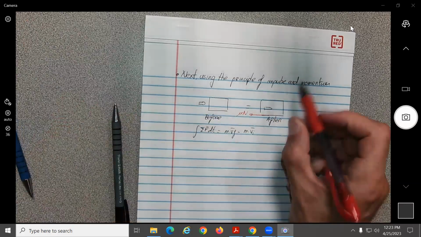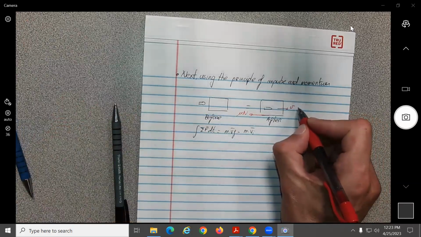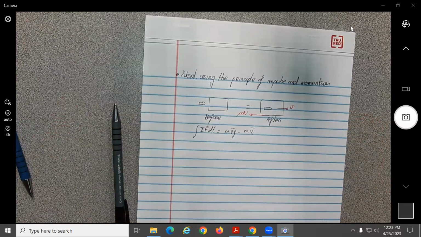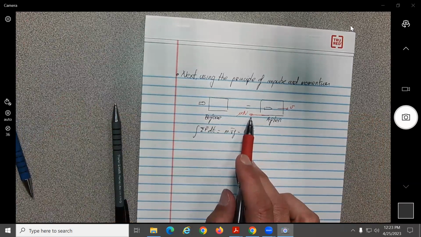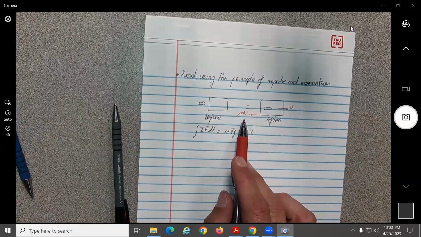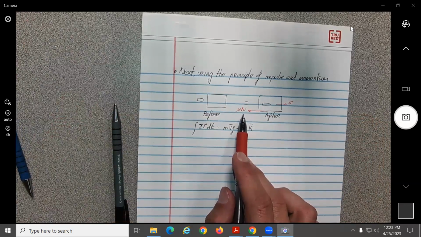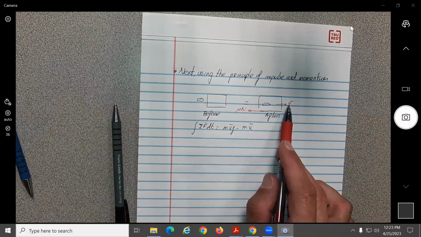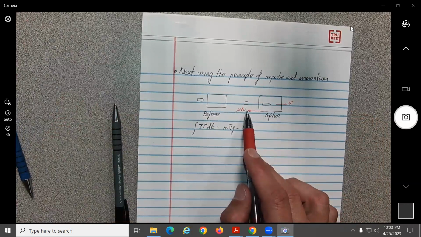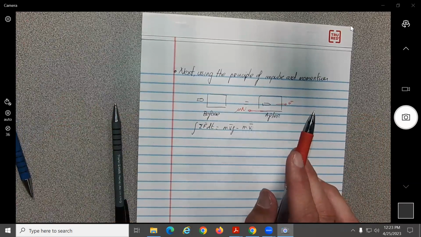But in this problem, what do we know? We know the final velocity. And we know the final velocity in function of what? Of the friction force. So basically that means that when we're calculating this with velocity, we already consider the friction force. Does that make sense or no?